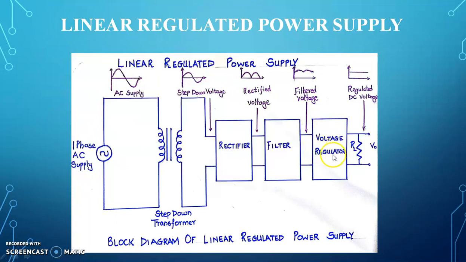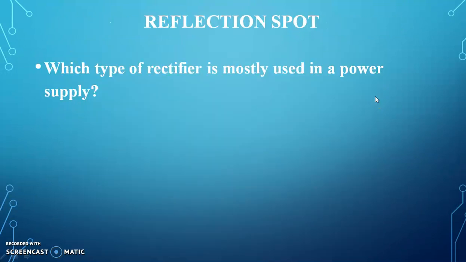This signal is given to the voltage regulator. There are either fixed voltage regulators or adjustable voltage regulators, which convert unregulated DC voltage to regulated DC voltage. So, linear regulated power supply converts AC signal into a regulated DC voltage.